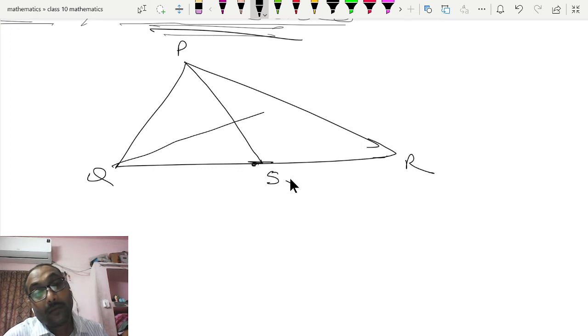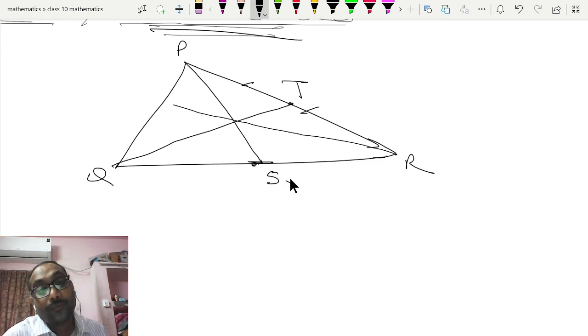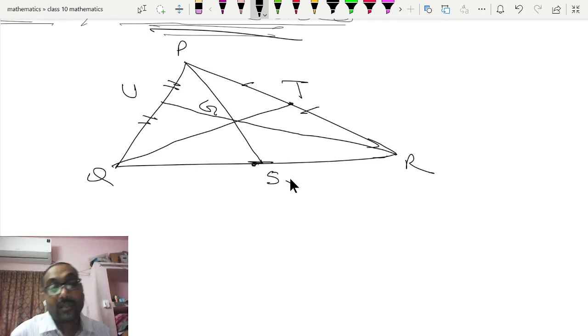Similarly, if T is the midpoint of PR, then QT is also a median. And the line drawn from R to the midpoint U of PQ, then RU is also a median, and the point of concurrency is called G, that is called centroid.